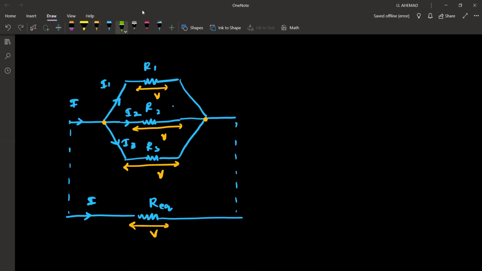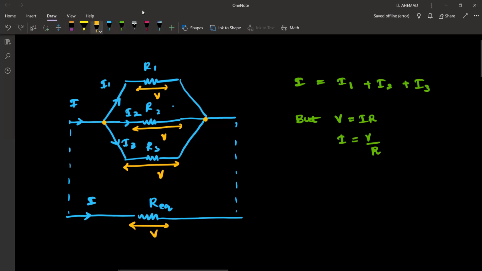Now, considering the current, I can write that I is equal to I1 plus I2 plus I3. But we know that V is equal to IR, so instead of I I can use V over R. So here, instead of I, I'll use V over R equivalent.